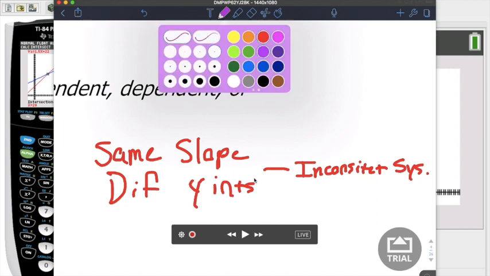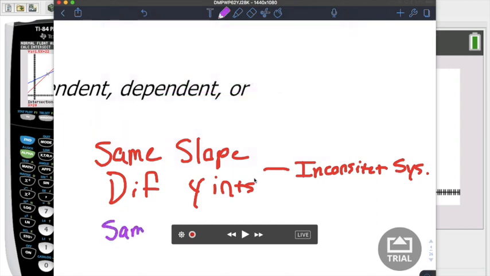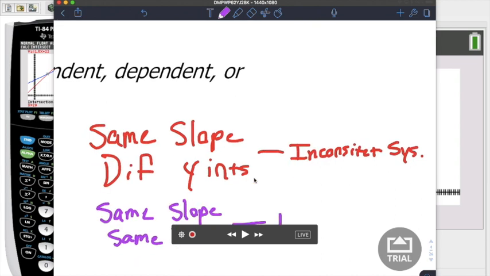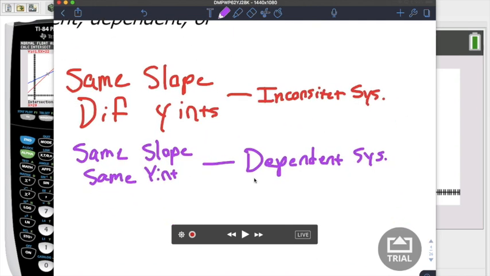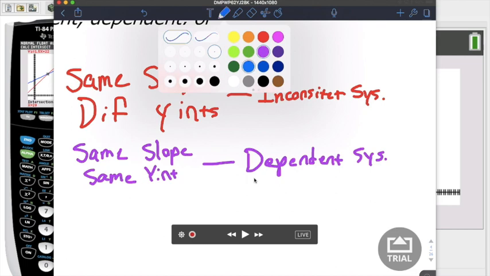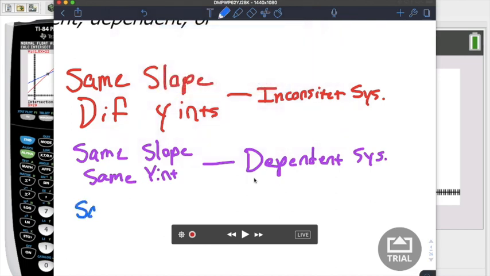Okay. Now, if you have same slope and same y-intercept, that means those are the exact same equations, which means we call that a dependent system. Okay, and then if they don't have the same slopes at all, which is actually the easiest one to identify, let's just say different slope.